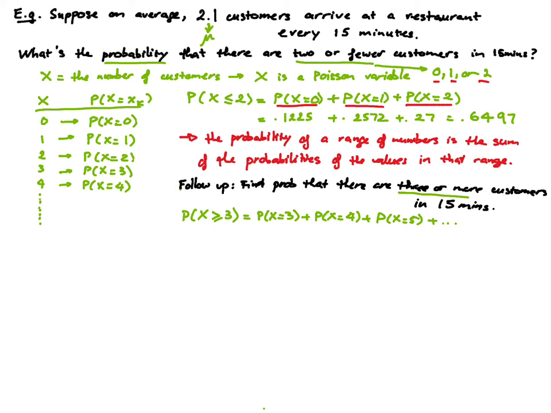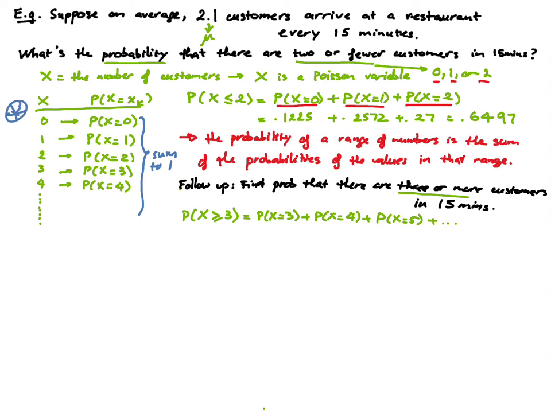So there must be an easier way to do this. How do we actually approach this problem? Let's remember that this is a probability distribution, this table right here. And for a probability distribution to be valid, the sum of all the probabilities has to be 1.